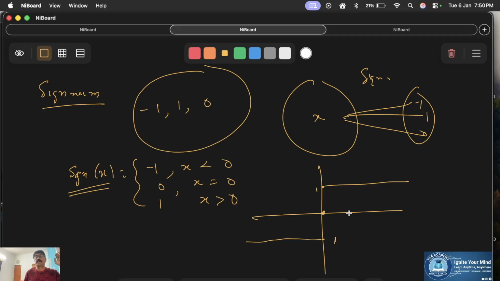This point is also there, 0, 0. Here 0 is not there, so we just draw a circle because that point is not there. Only for x greater than 0 and less than 0 are on these lines. So this is the graph of the function. Such a function we can call something like a step function.